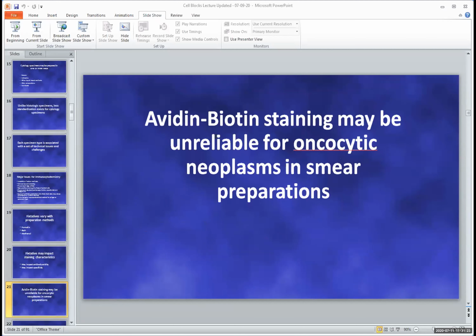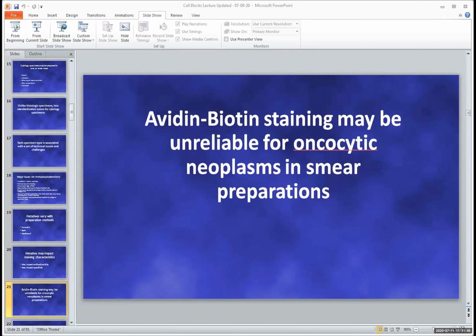One example that I saw years ago was that avidin and biotin staining for immunohistochemistry or cytochemistry can lead to problems. I think much of this has been reduced by newer protocols, but I distinctly remember a FNA of the thyroid that was a smear preparation.